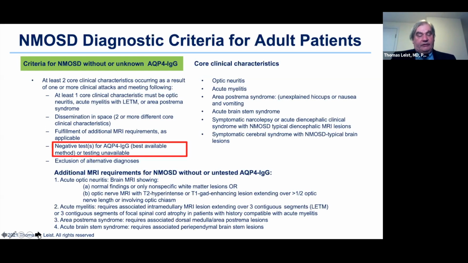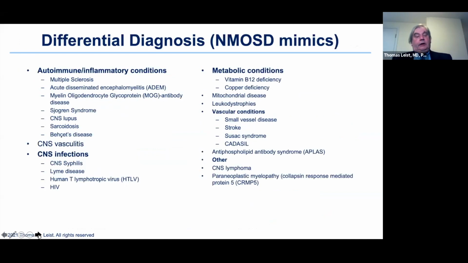And so this is in individuals that are negative for the antibody. What are conditions that can potentially mimic? Without going into detail, there are many of them. And obviously, sometimes they're clinically self-ruling out because of how a person presents. But it's also very important that one addresses this differential diagnosis in these relatively rare conditions.